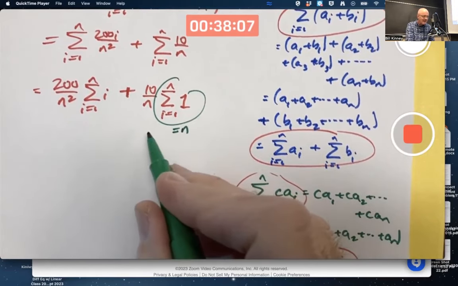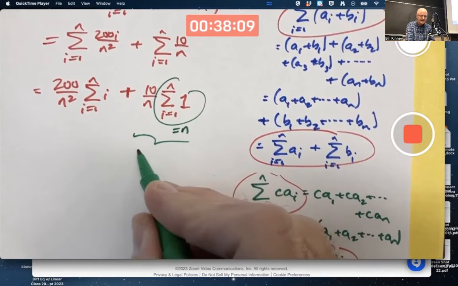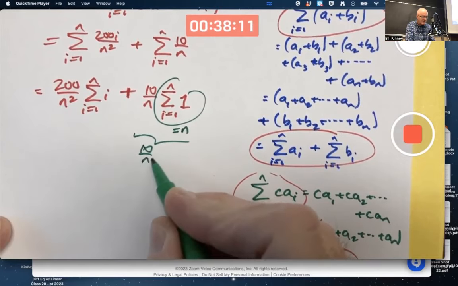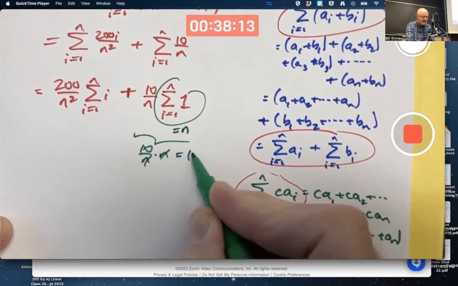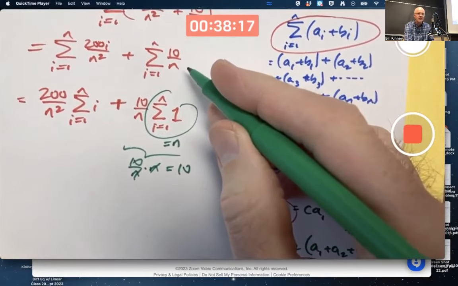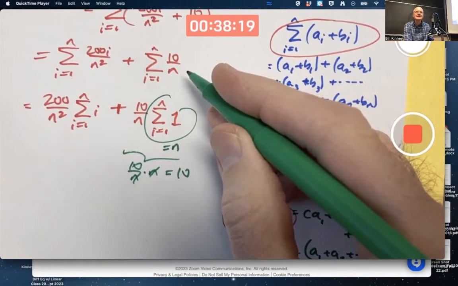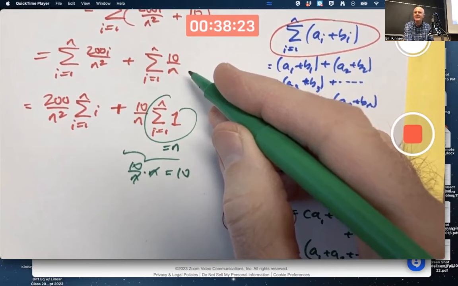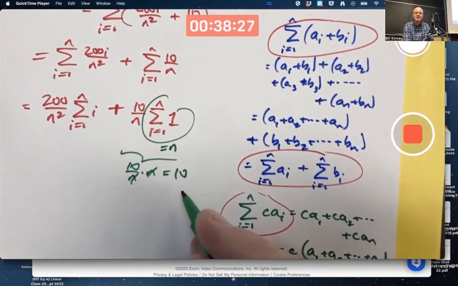And then if I multiply that by 10 over n, 10 over n times n, the n's cancel, giving me 10. Yeah, I was adding up n 10 over n's to get 10n over n, 10. That's nice and simple.